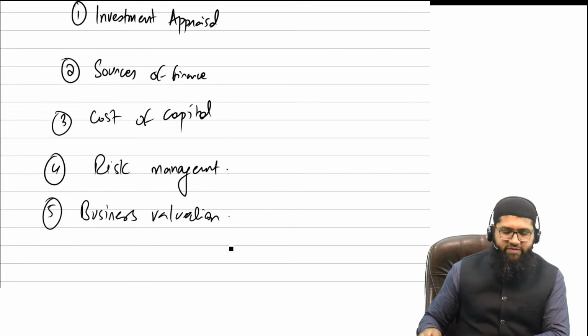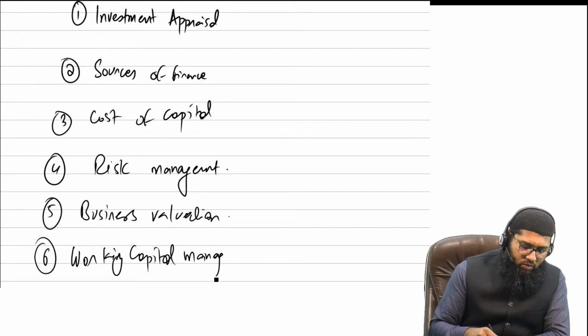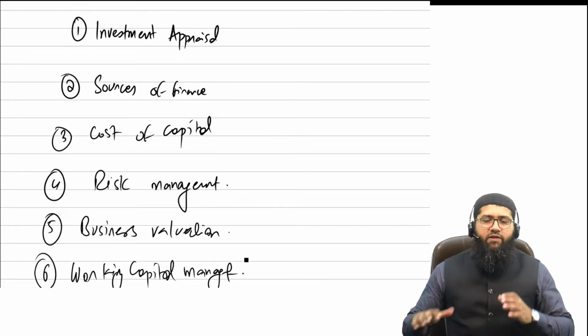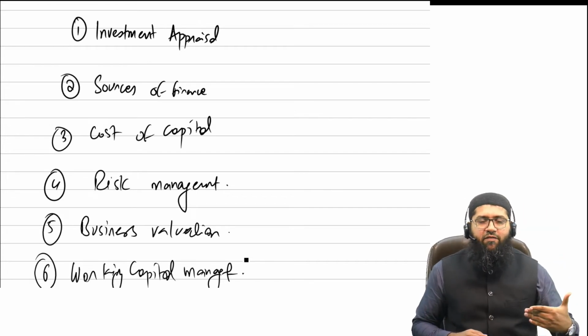You have got business valuation. And the sixth area is called working capital management. So when we look at the syllabus of the F9, these are the 6 areas of the F9 that are actually there.